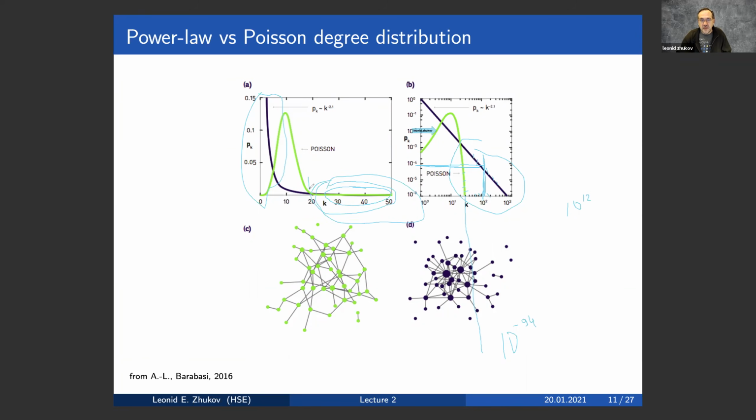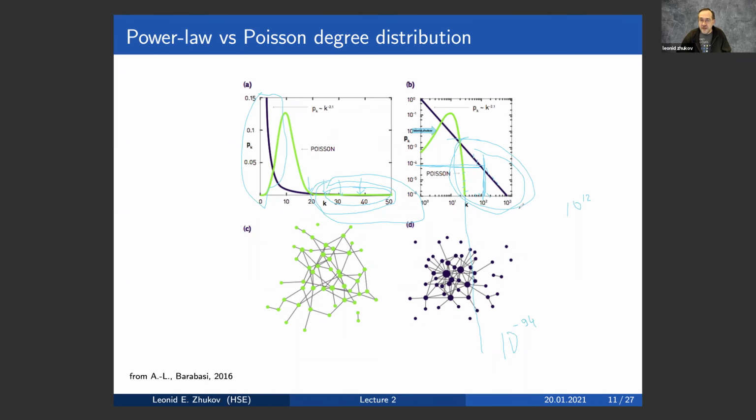Poisson decreases really fast and just does not allow the existence of large nodes. And again, you cannot see it on the regular scale, but it's very obvious on a logarithmic scale. So Poisson drops much faster than power law.